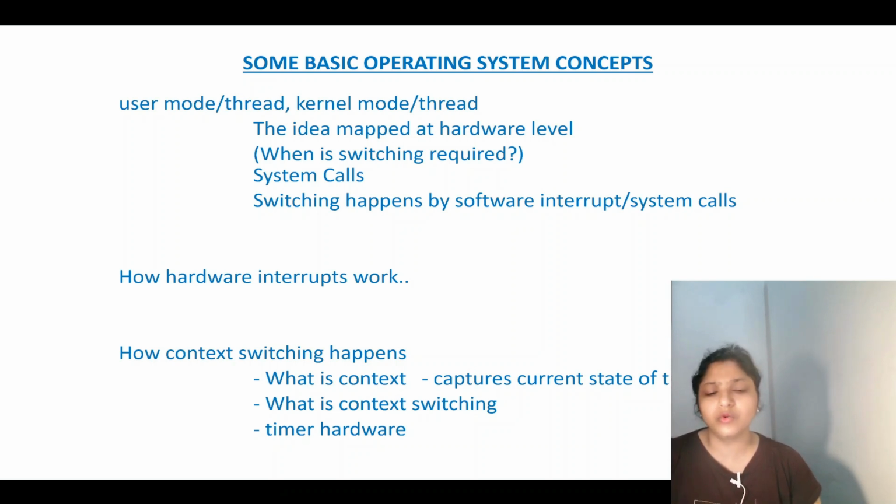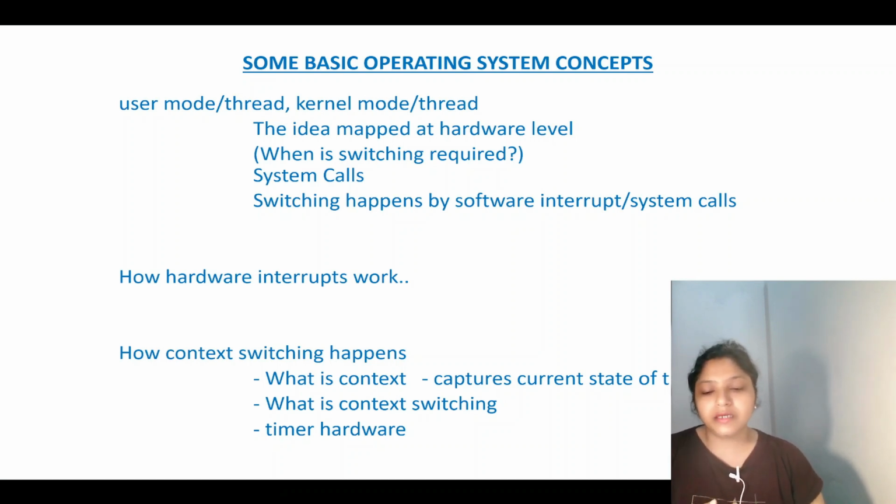At a very crude level, you can understand that there is a wire which connects this device to the CPU, and whenever the device puts one into this wire, the CPU is signaled that this device has something to tell me. That means the device has raised a hardware interrupt. And then the CPU can decide how to handle that interrupt.